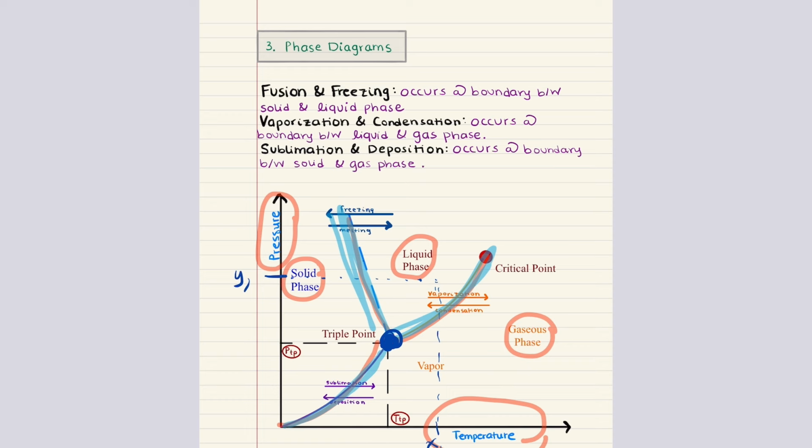Another important point on the phase diagram is this point right here called the critical point. The critical point represents the highest temperature and pressure at which the substance can exist as a liquid. Beyond this point, the distinction between liquid and gas phases disappears, and the substance becomes a supercritical fluid.